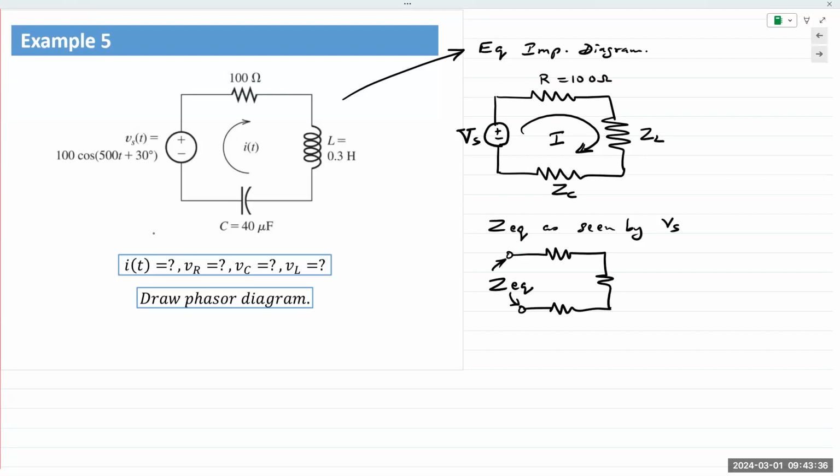Because they're all connected in series, ZEQ is simply R plus ZL plus ZC. Again, this is not something new. You have already seen this in physics, and earlier in this chapter and class. The analysis technique does not change. Only the math is different.